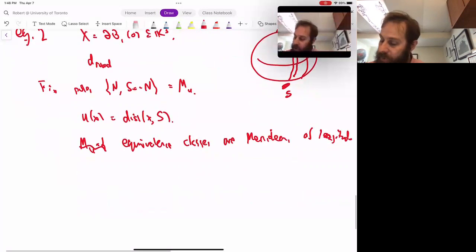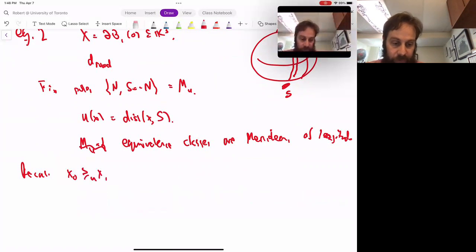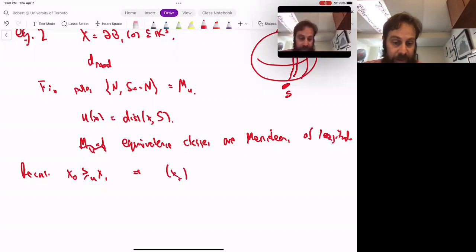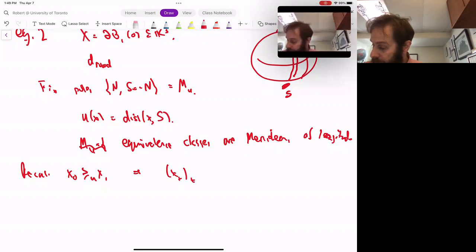So I'd already shown that if x naught dominates x1 in any order, in one of these orders for a Lipschitz function u, then the entire geodesic xt has the property that xs dominates xt for any s less than t.